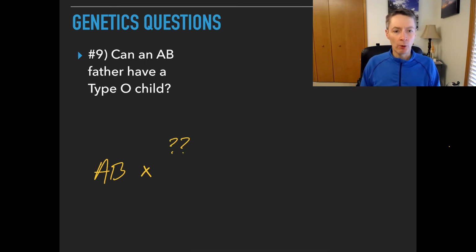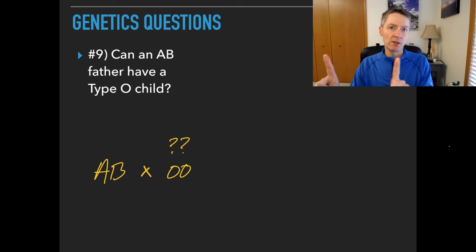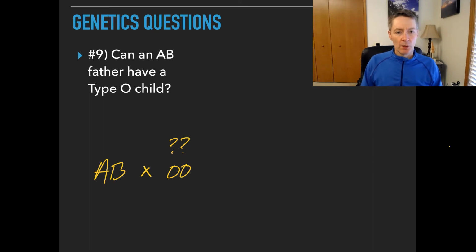And we don't know, question marks, right, what the other parent is. So let's say the mother, just for argument's sake, is type O. They're going to have 2 genes, right, for O.